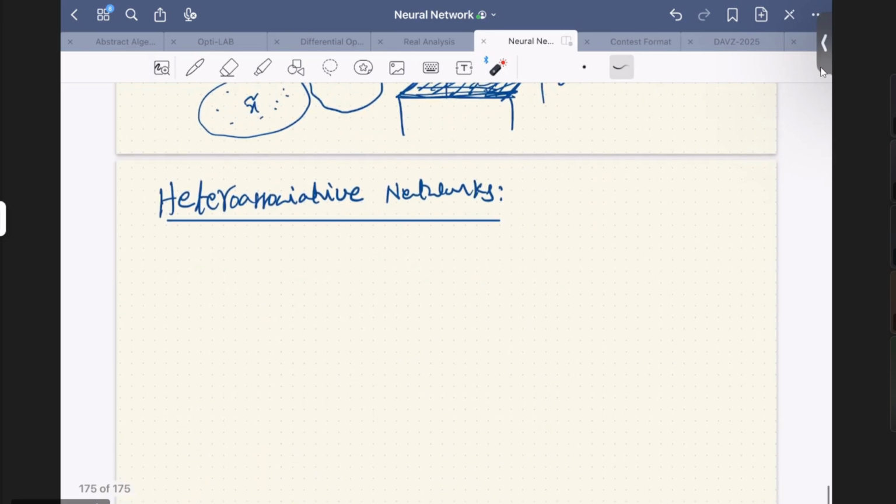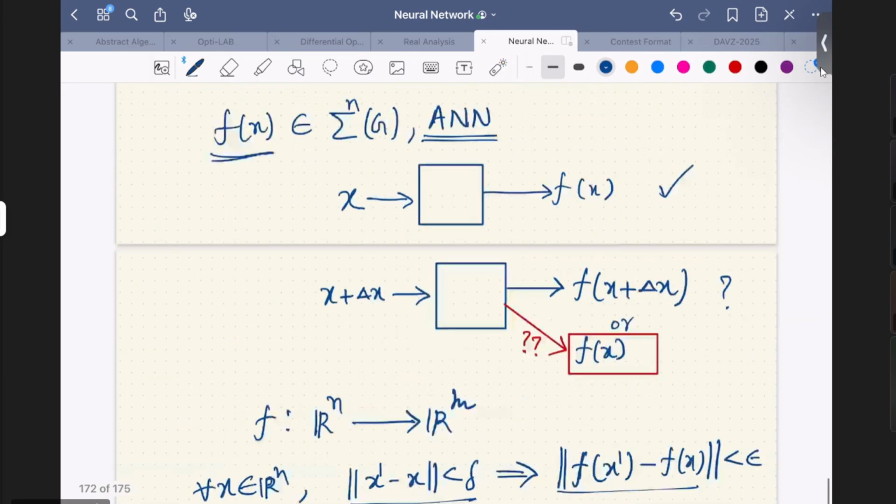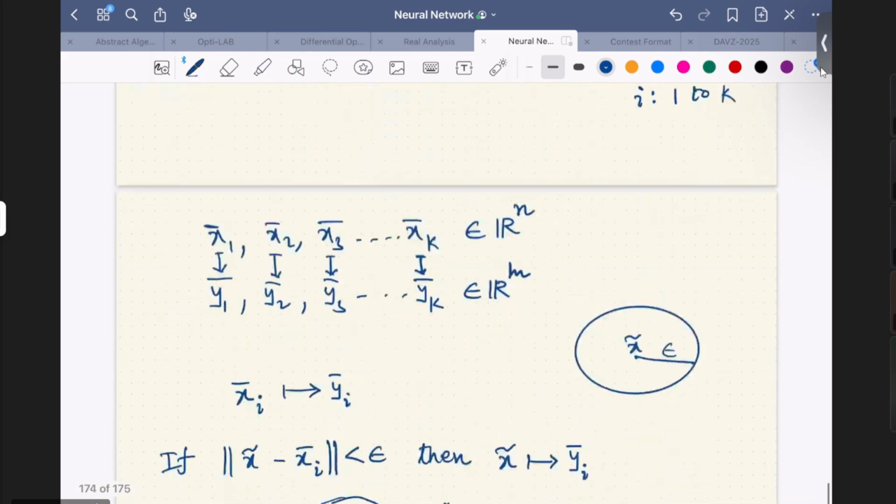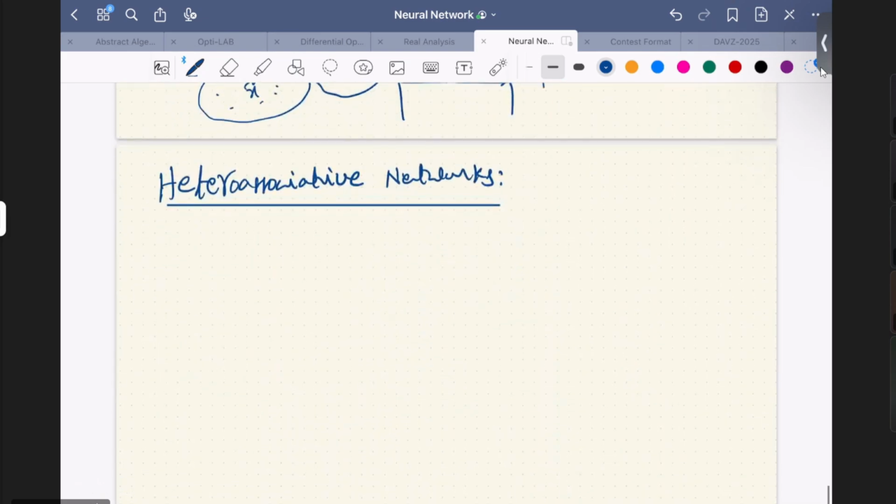That is hetero association. And what we started with, given x and looking for the same x, that is auto association, like auto associative network.